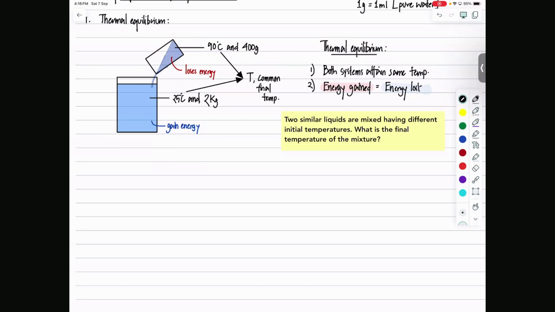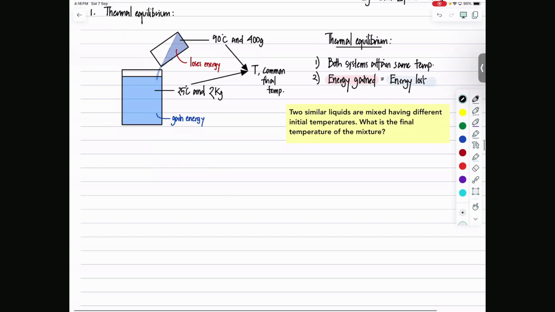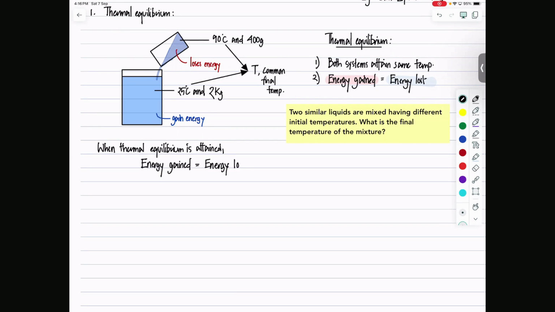So first, this is how your statement should be. When thermal equilibrium is attained, thermal energy gained should be equal to energy lost.